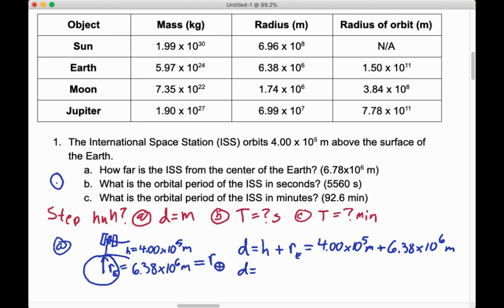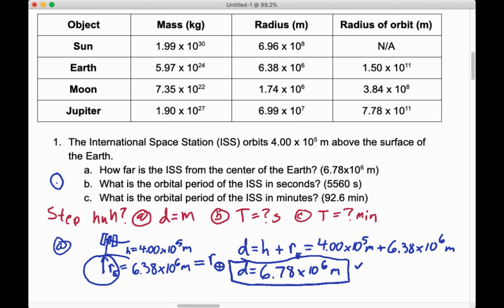And if you put that in the calculator, maybe if you are comfortable enough with scientific notation, you would be able to do that without a calculator. But if not, just use the calculator. And you'll get 6.78 times 10 to the 6 meters. So you put a box around it. We solved for the right thing. We gave it the right units, so we're happy with that.